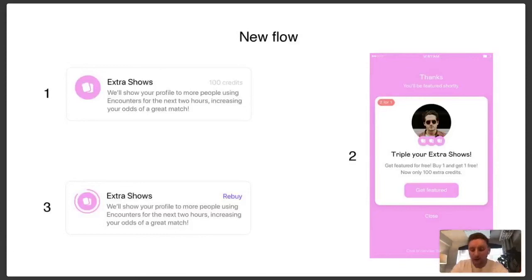So we offered, at the right step of the user journey, a special promotion and gave our users an ability to purchase 3 features for the price of 2. And then we started to display that something is going on. I mean, when a user purchases a credit product, we display that, okay, you're currently being promoted in the app.